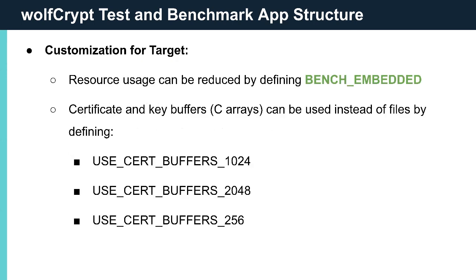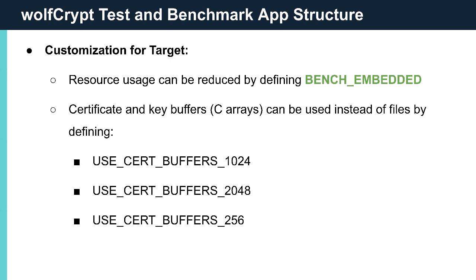So if you're on an embedded target, you can customize this. You can define BENCH_EMBEDDED when you're compiling wolfSSL or the application. What this does is reduce memory usage of each of those applications, essentially using smaller buffer sizes to be more resource friendly. And then if you don't have a file system available, or maybe you just don't want to worry about copying certificate and key files over to your device, you can define one of the defines here, either USE_CERT_BUFFERS_1024, 2048, or 256.